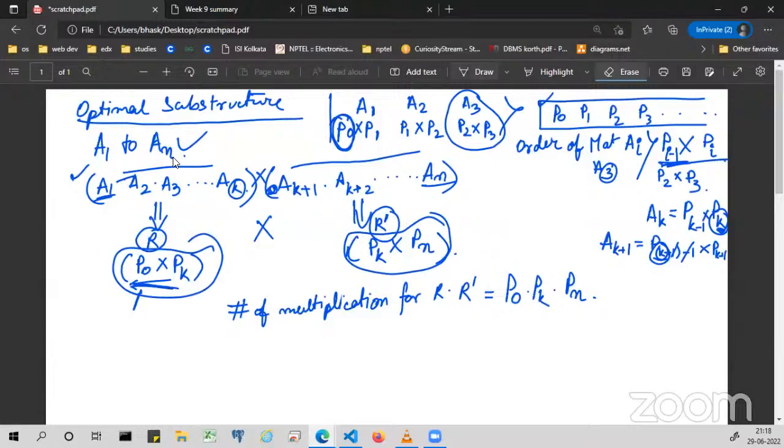Now we are going into the optimal substructure part. See, optimal substructure means a subproblem which we would solve, right? So I am storing the number of multiplications required to multiply A1 to AN inside a data structure. Let's say I'm storing that inside a dictionary.